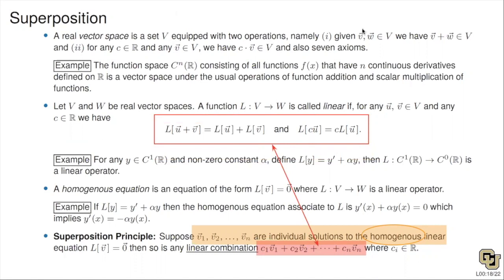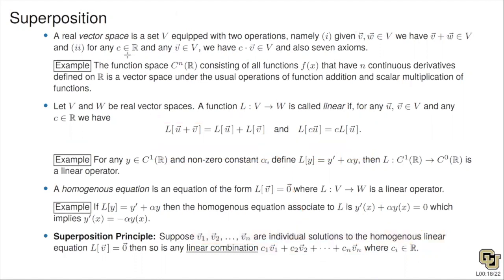This will be one of the underpinnings of how we build a Fourier series. When we use the superposition principle, this is important, we won't have n individual solutions, we'll have infinitely many individual solutions. They'll all be of the form cosine nx or sine nx, and there'll be infinitely many of them.